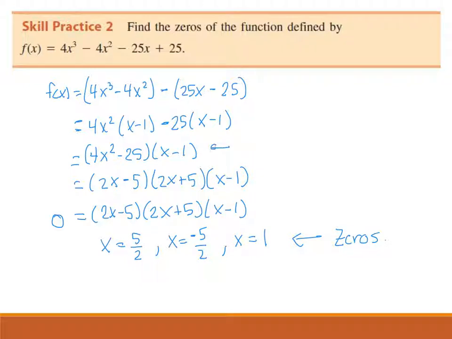We see that the first one is now 4x squared minus 25 times x minus 1. And now we have the difference of squares, so we have 2x minus 5 times 2x plus 5 times x minus 1. Now we're going to set that equal to 0, and when we do that, we get the zeros down here.